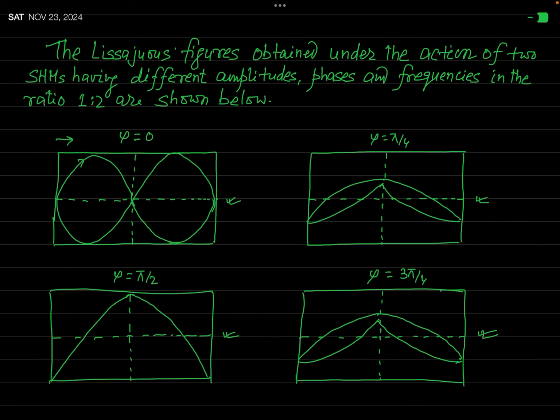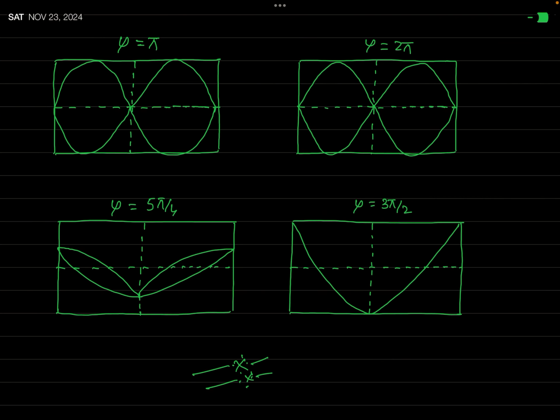And for phi equal to pi, again the Lissajous figure is the same, but the sense of rotation of the particle is different. When phi is equal to 0, the sense of rotation of the particle will be anti-clockwise, and in this case the sense will be just opposite. Again, at phi equal to 2 pi, the situation is just as in the case of phi equal to 0.